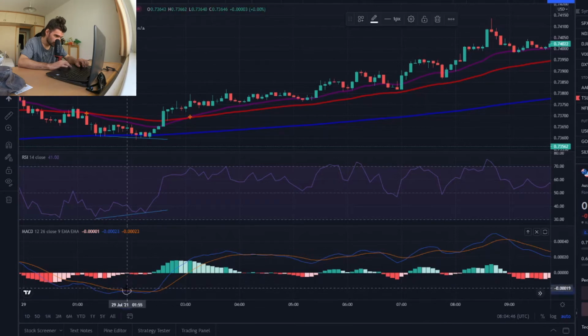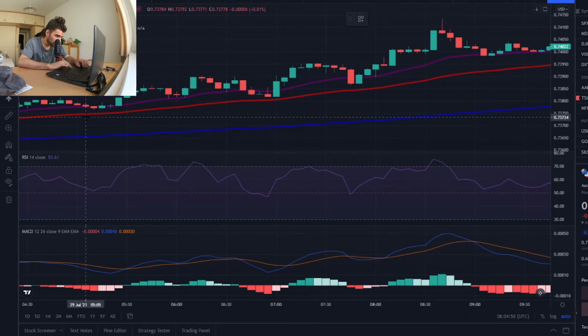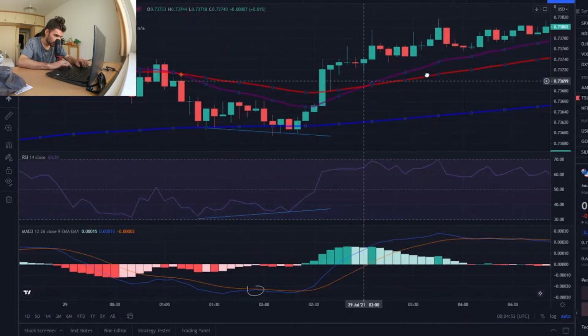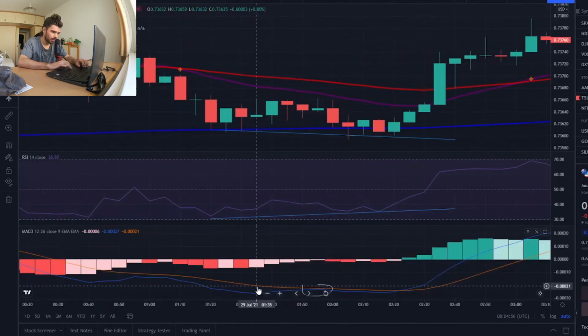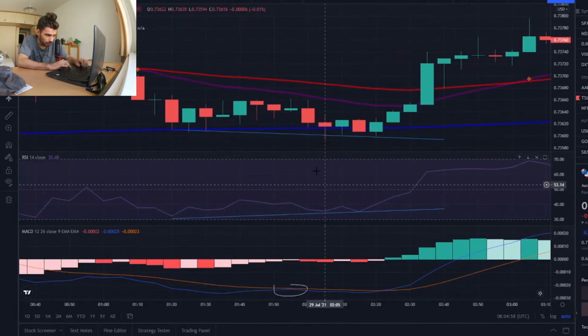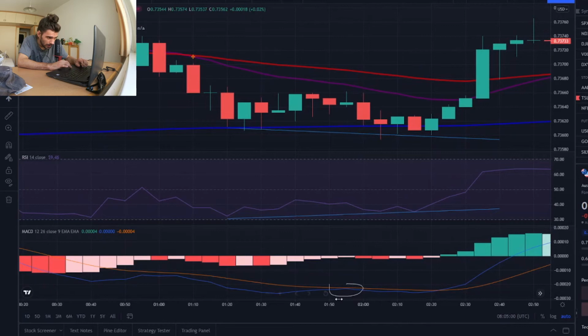Maybe if we zoom in we will have a better picture. Now if we really zoom in, the thing is, when the market is live, the blue line might cross slightly over the orange line and then fall back, because here it looks like we didn't cross it. So this is not a bad indicator or a bad entry. It wouldn't be a bad entry point.